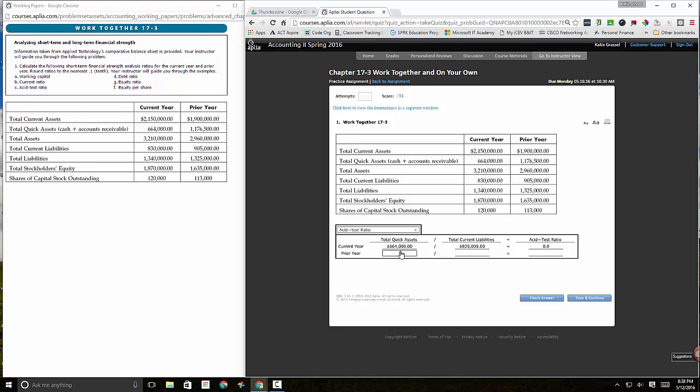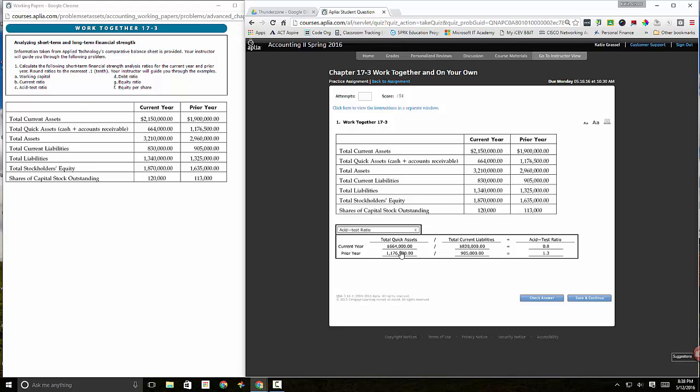Prior year, we had a greater amount of quick assets. So therefore, you would assume that if we had greater assets, they're going to have a higher acid test ratio the prior year than this year.